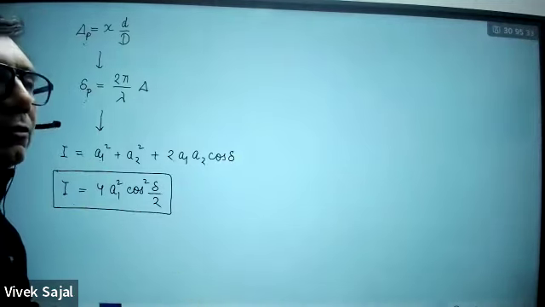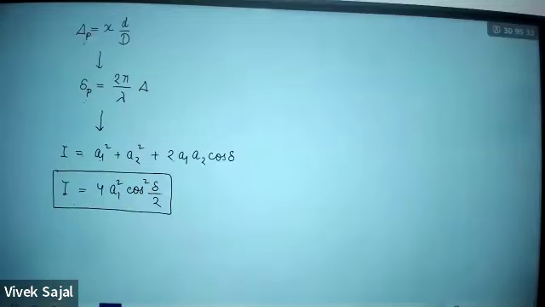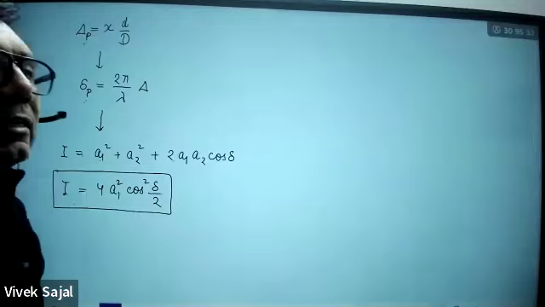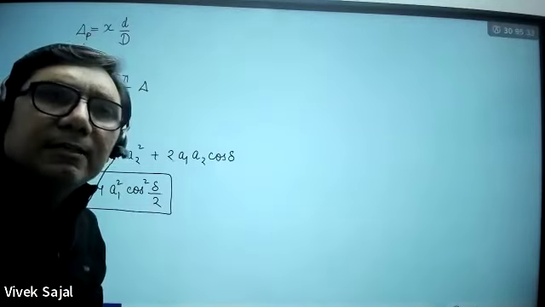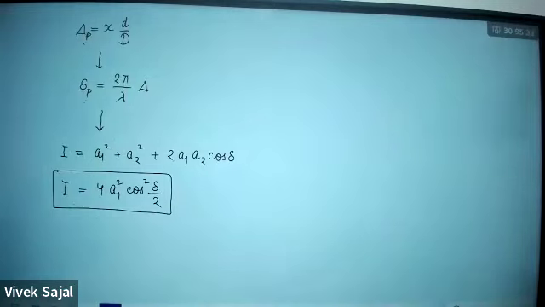The most difficult question they can ask related to YDSE is this one. They will give you an arbitrary point and ask you to find the intensity there. Is it clear up to this point?